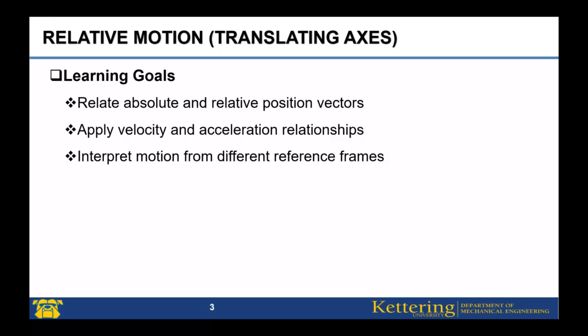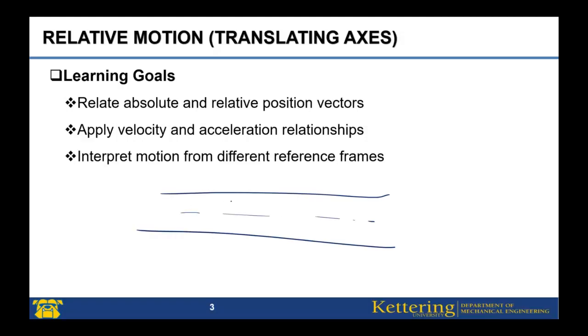It's a very simple example. There are 2 cars, car A and car B. Car A moves with the velocity or speed VA in this direction. Car B moves with the velocity or speed VB in this direction.